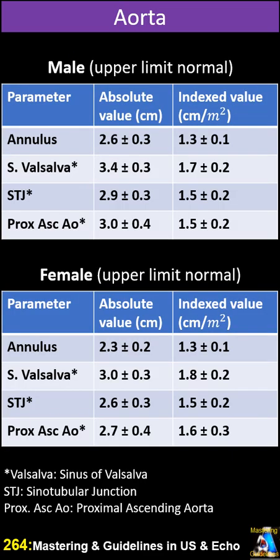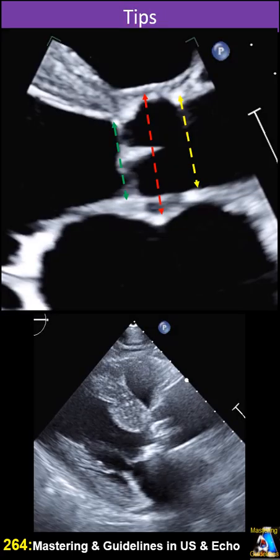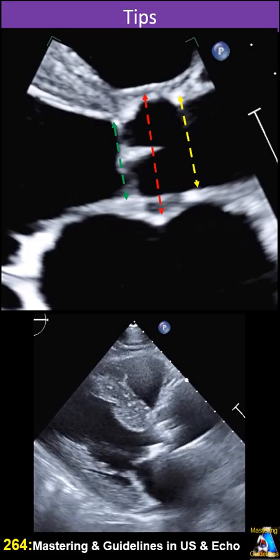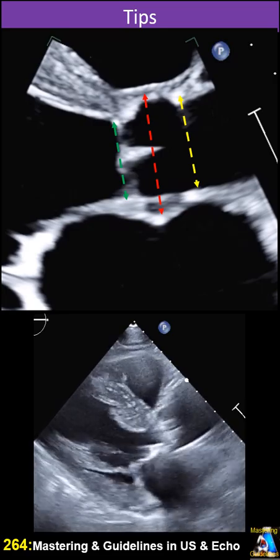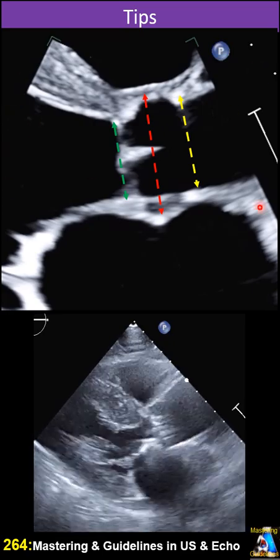Here we have the thoracic aorta, root and ascending aorta. For measuring the thoracic aorta as root and ascending, we go on the PLAX and zoom in at the level of the LVOT and ascending aorta.